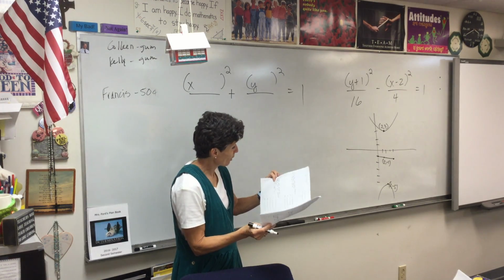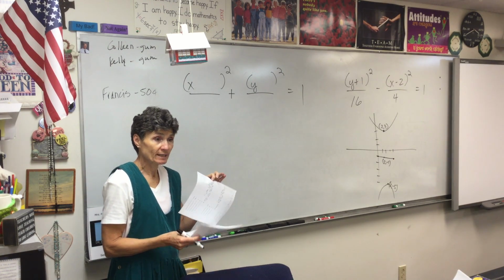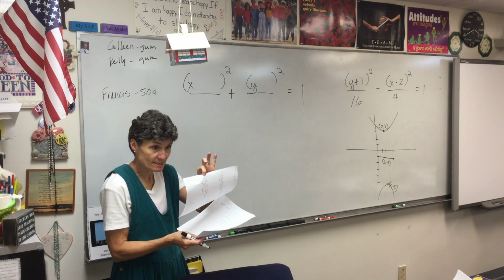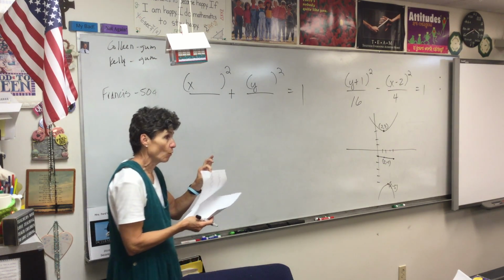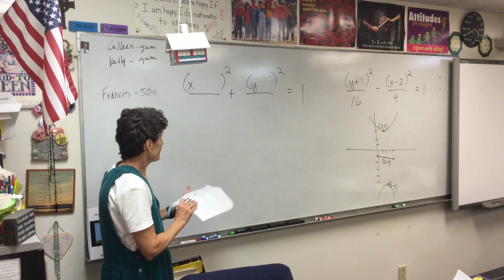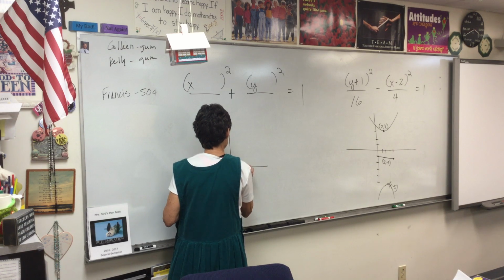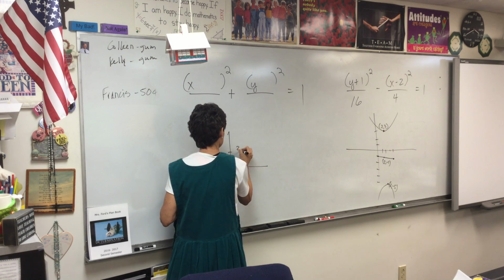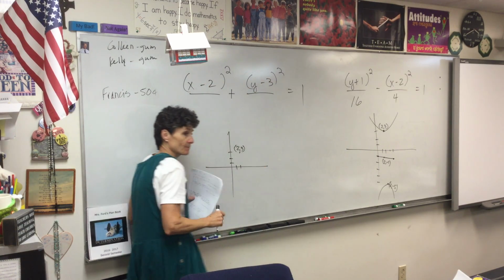And on problem 4, that's an ellipse equation. So if you can't remember what they look like, look at the rest of the test and you'll find one. You're going to write an equation that looks like number 4. Okay? Now, what do we know about it? Well, we know its center is at 2, 3. Well, wait a second, folks. If the center is at 2, 3, can't I just put this in? That's easy.